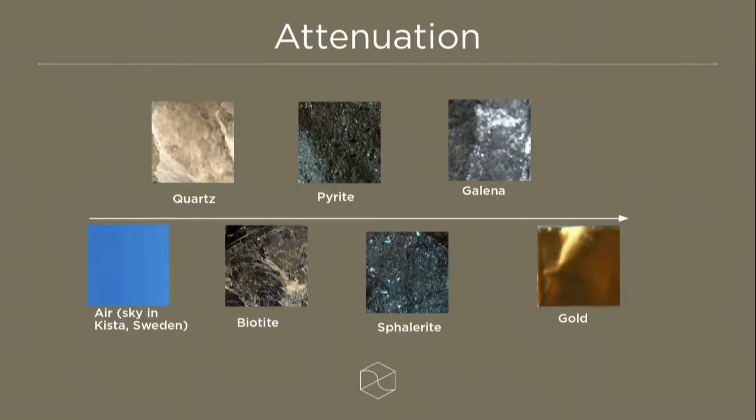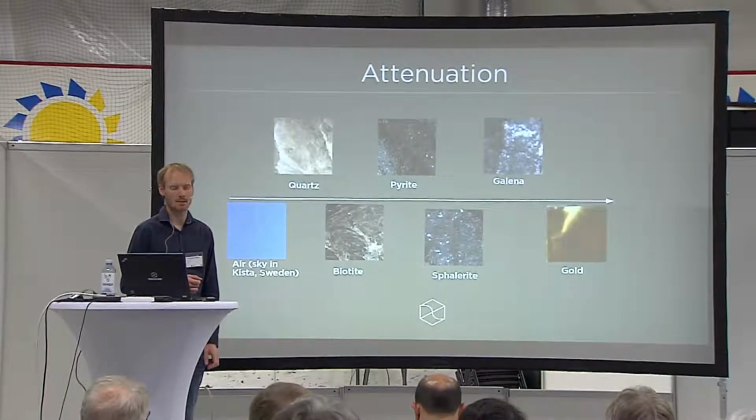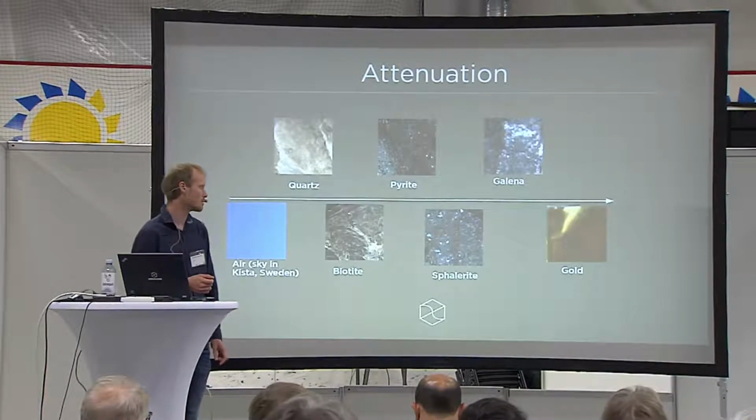If you look at common rock-forming minerals like quartz, it's higher, and then biotite is higher than quartz. And this is interesting because micas are minerals that are important for structural geology because they can alter their shape in the metamorphic processes.